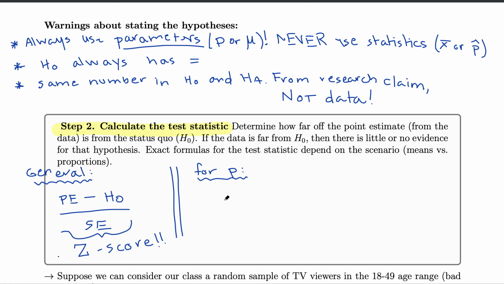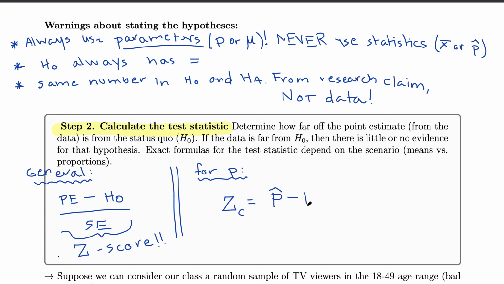All right, so we've mentioned it's a z-score, so I'm going to call this z-calc. Calc is just kind of arbitrary to say, hey, I'm calculating this thing for a hypothesis test. And if I'm talking about p, the population proportion, then my point estimate is p hat.